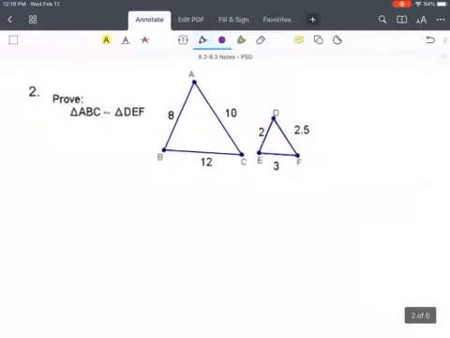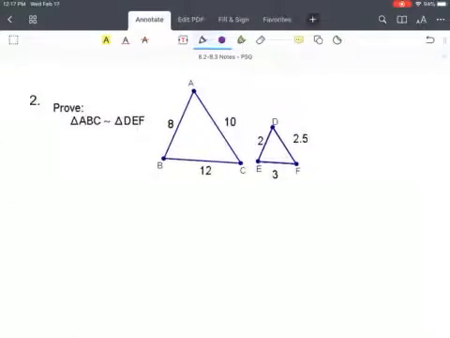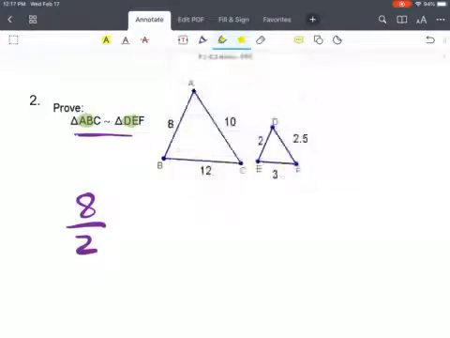In this next pair of triangles, are these two triangles similar to each other? We would have to justify this. So when we look at this, take the corresponding sides. So start with AB and DE. So 8 over 2. And then do another pair of sides, BC and EF, which are sides 12 and 3.